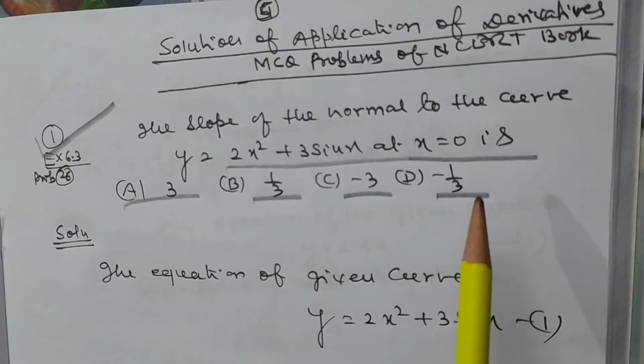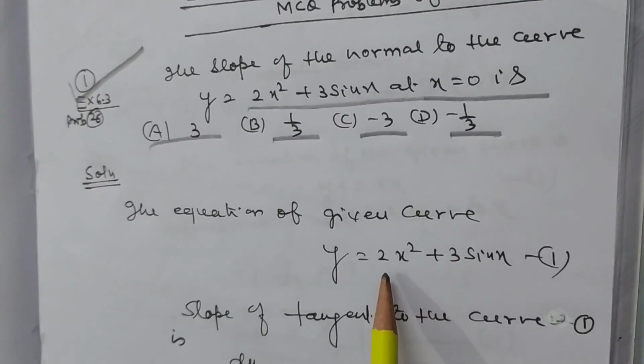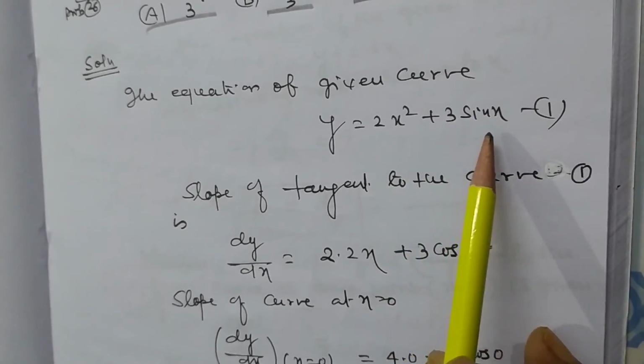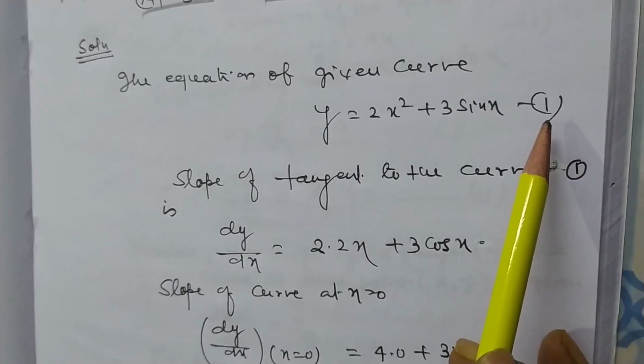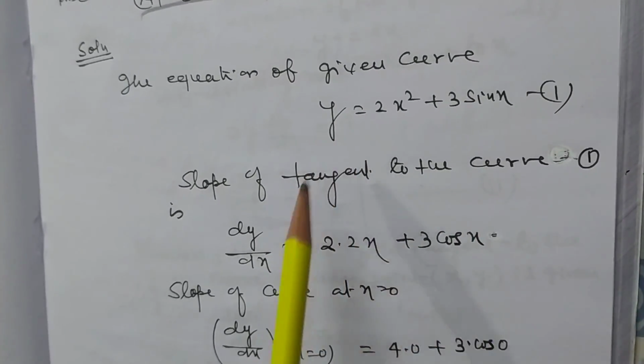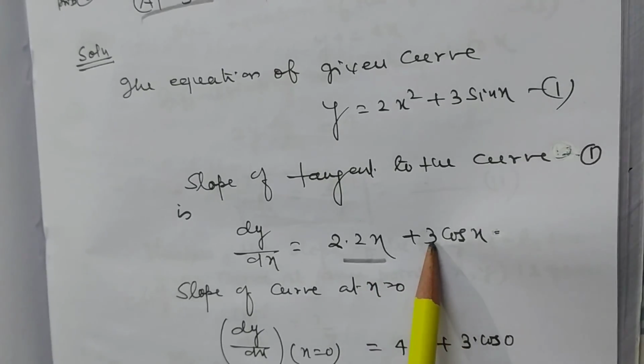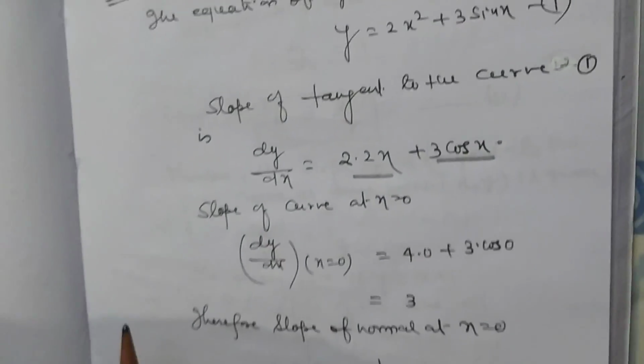There are 4 options. The equation of the given curve is y is equal to 2x square plus 3 sin x. Slope of tangent to the curve is dy by dx, which is 2 into 2x plus 3 cos x.